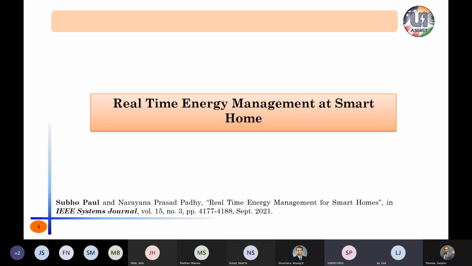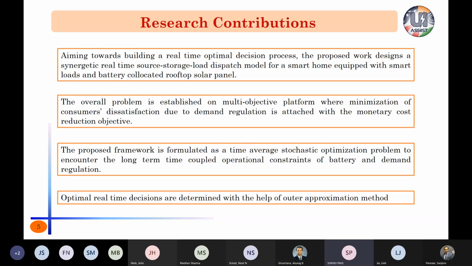I will start with real-time energy management at a smart home, where a synergistic real-time source-storage-load dispatch model has been proposed in the presence of a battery and co-located rooftop solar power panels. The overall optimization process is designed as a multi-objective platform, where minimization of consumers' dissatisfaction is considered along with the monetary cost reduction objective.